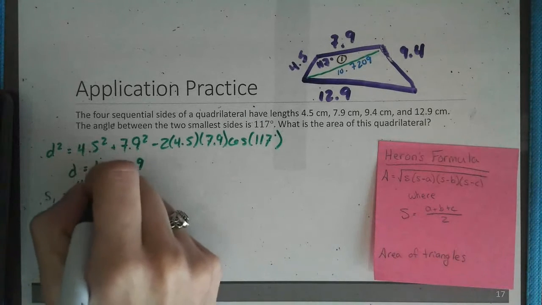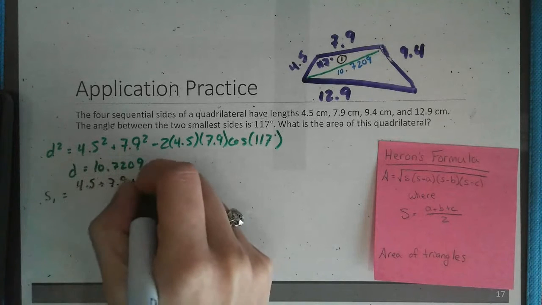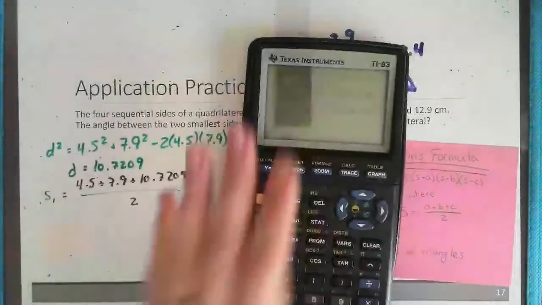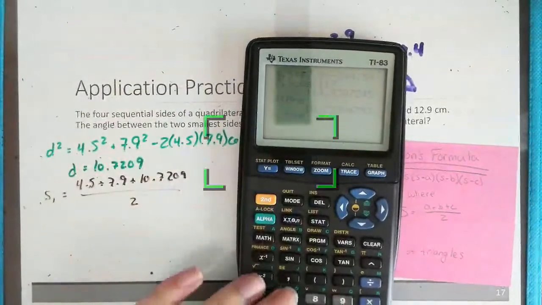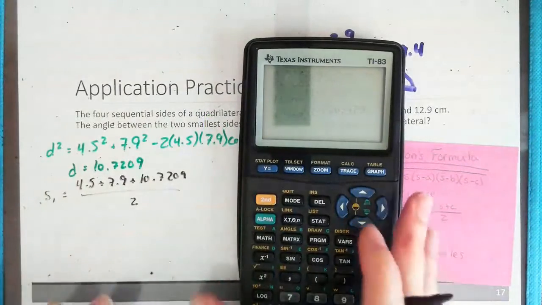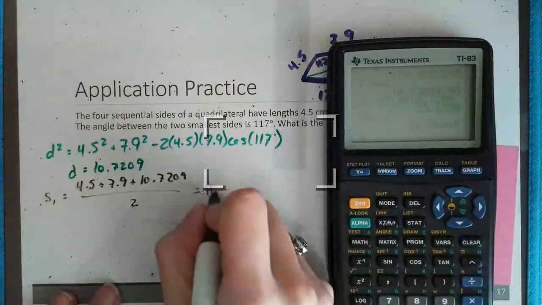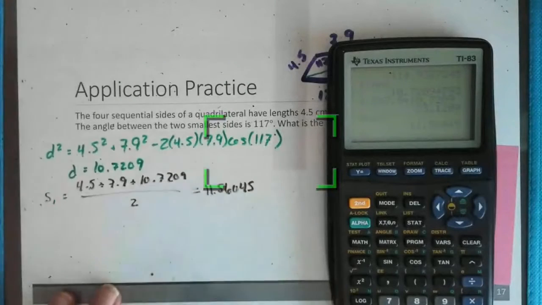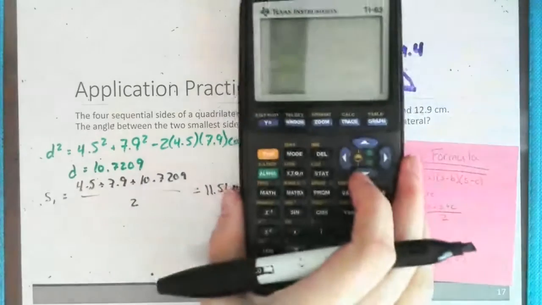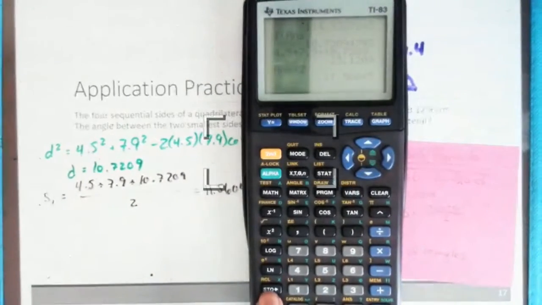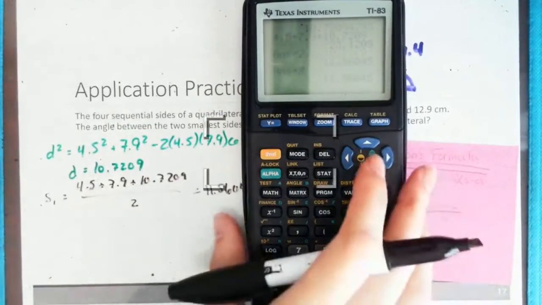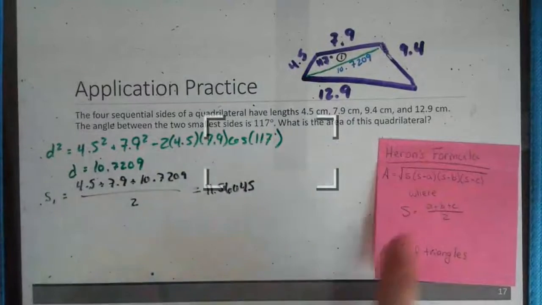So that's 4.5 plus 7.9 plus 10.7209, all divided by 2, equals 11.56045. I'm going to save myself some problems later. I'm going to store this in my calculator as x. So I'm going to press my STO arrow button, x, and hit enter. And you'll see why in just a second.